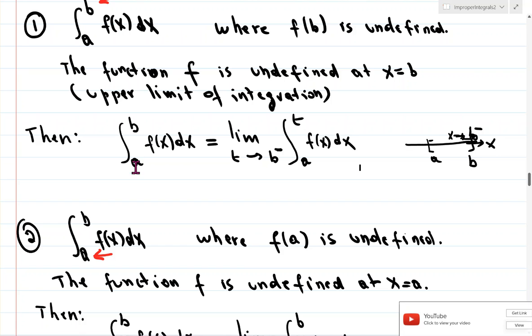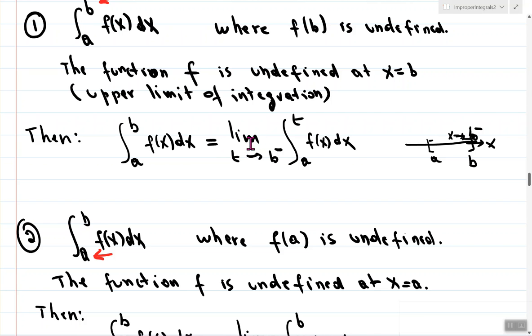Basically you have a, b, so this is like the interval on the number line. When you replace b by t, x will approach b from the left, right? Which is b minus by definition.